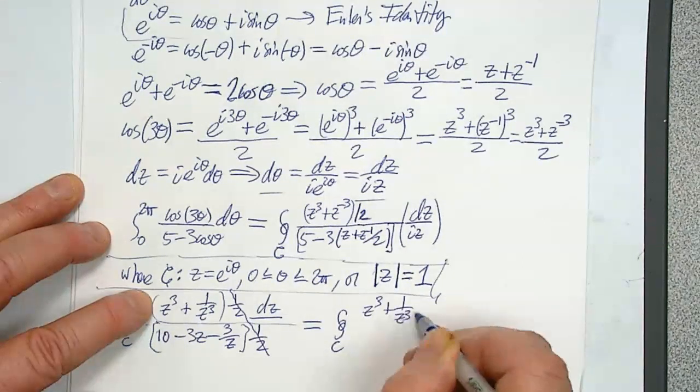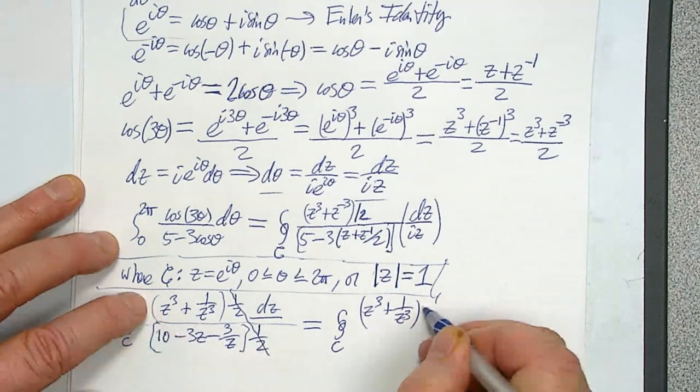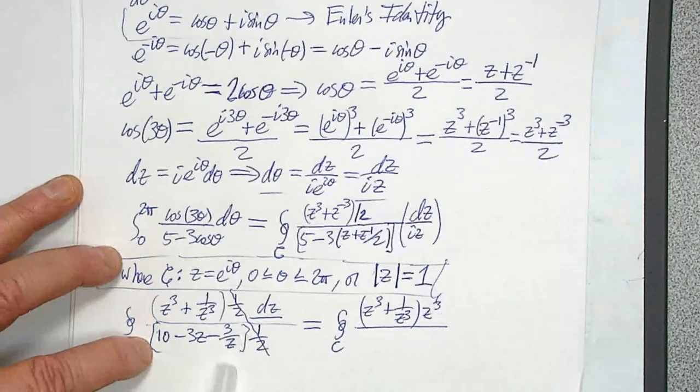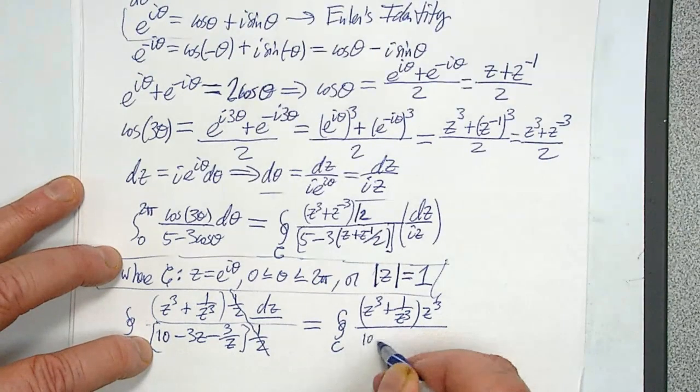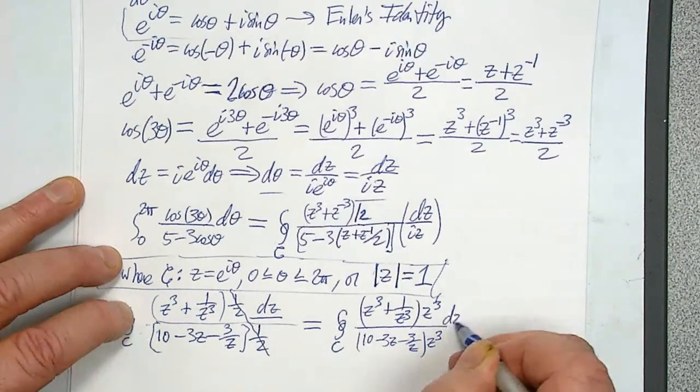We'll multiply by z to the third, which is the least common denominator of the little fractions, because we have 1 over z here and then 1 over z cubed. So we'll multiply this stuff over here by z to the third, and we still have the dz here.